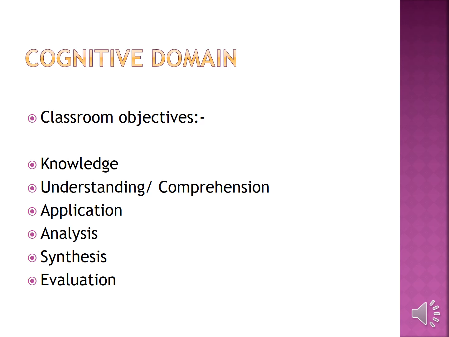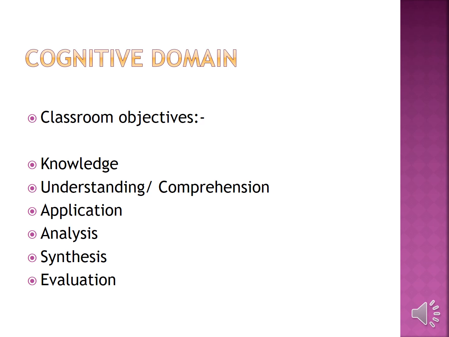So in knowledge only you can get two kinds of things: recognizing and recalling. If the things are there in front of you and he is recognizing, that is the first stage. If the things are not in front of you and he or she is trying to recall it, then it is a little bit higher order.